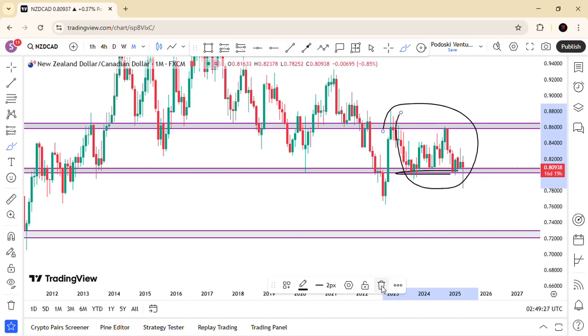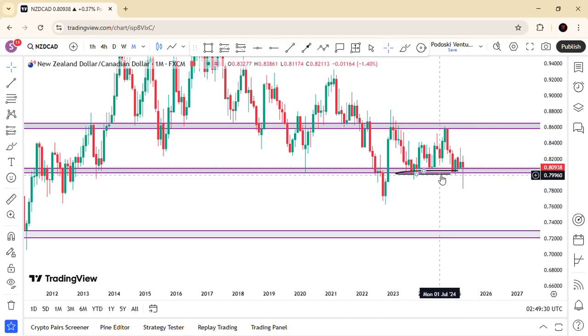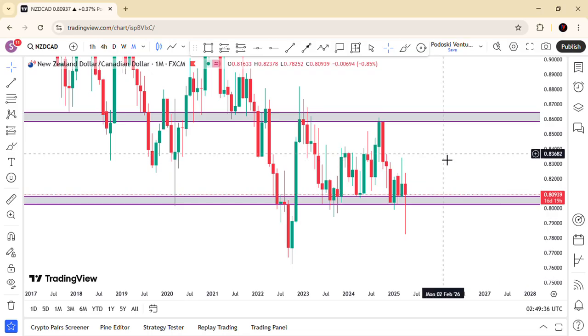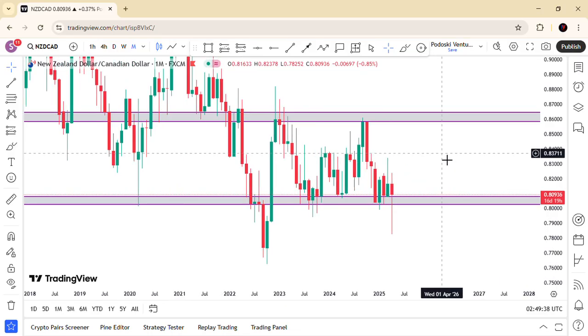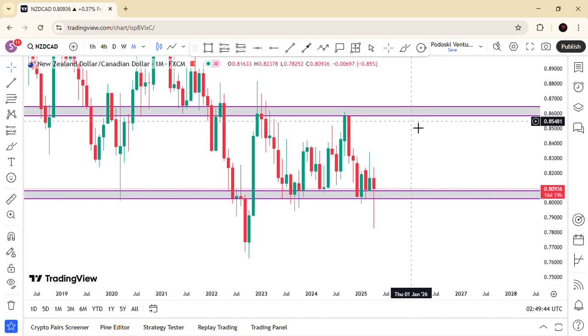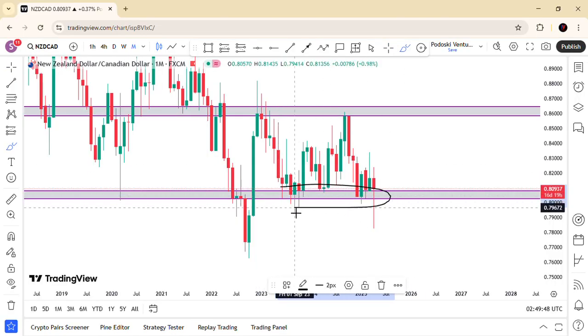Okay, it's not yet ranging, so let's not say it's ranging. We are seeing a bullish market on NZDCAD, like we said on the other pairs. If you watch this particular zone, it has been a very strong buying zone.